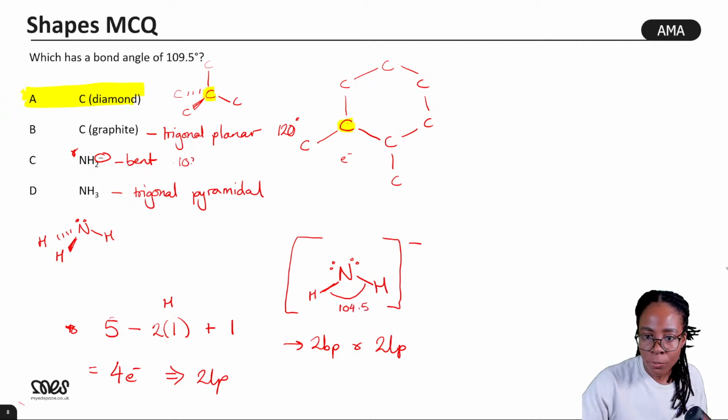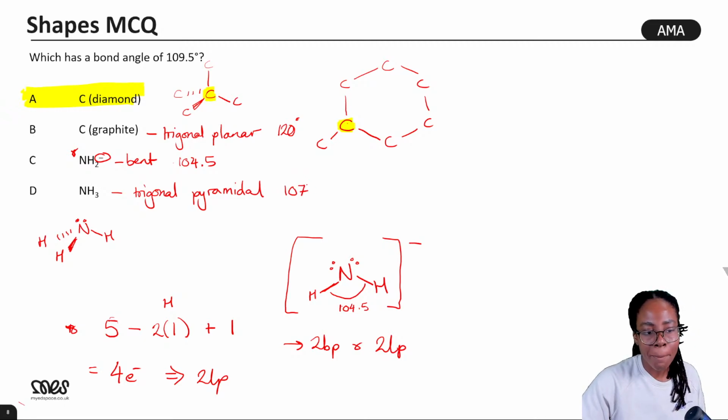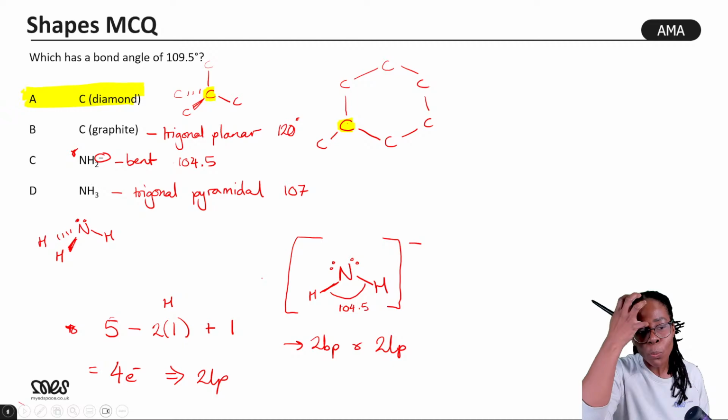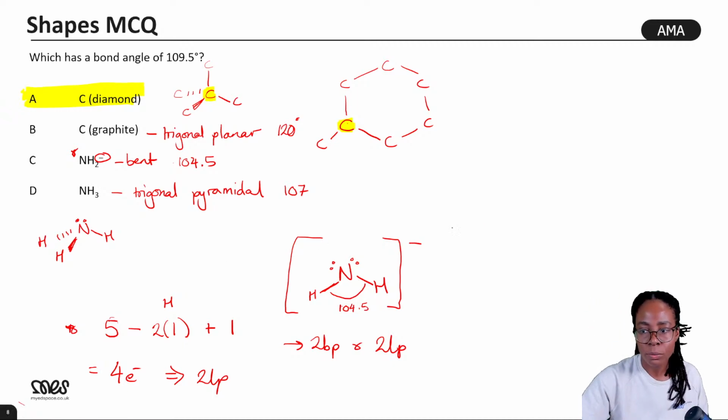And just to finish off, what's the bond angle for NH3? 107, absolutely. So 109.5 minus 2.5. Remember, it's minus 2.5 per lone pair. So it won't be 107.5, it will be 107.